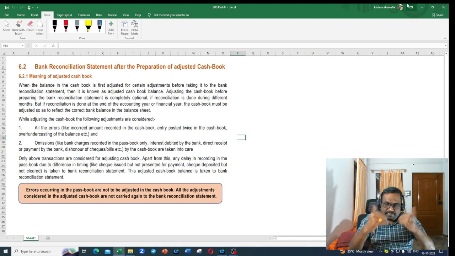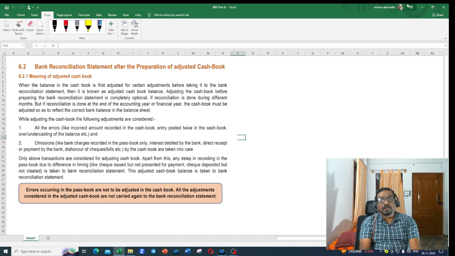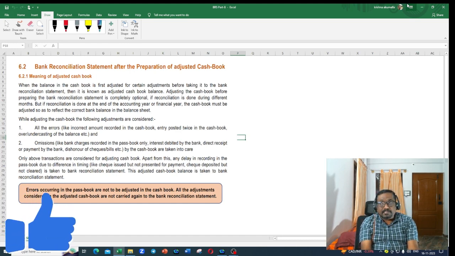Take that cash balance, put it in the cash book, rectify whatever errors you identified, and then prepare the reconciliation. Take my word, since you already adjusted all the cash book related errors, you will see only passbook related errors in that reconciliation. Then go to the banker with that reconciliation and ask the banker to rectify. This process is called preparing the bank reconciliation after adjusting the cash book.